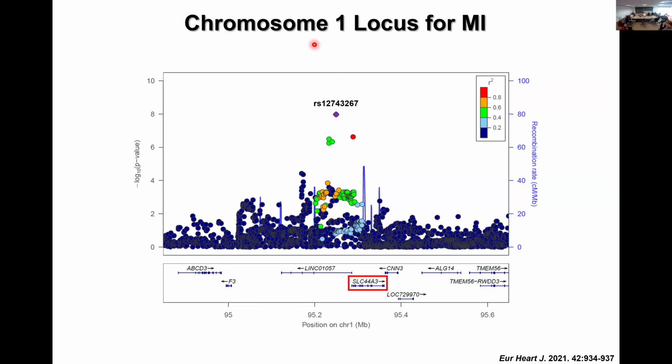But it turns out that in fact the variant shows long range looping to the SLC44A3 promoter, but it doesn't show looping to the factor 3 promoter. So these long-range genomic interactions are another reason why we moved SLC44A3 up and brought factor 3 down.